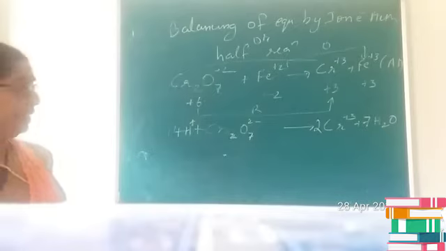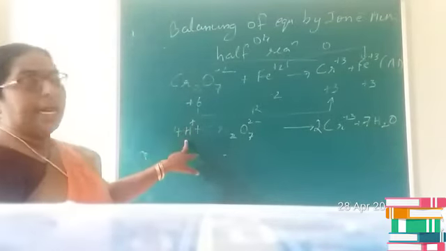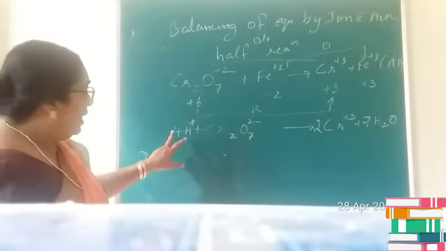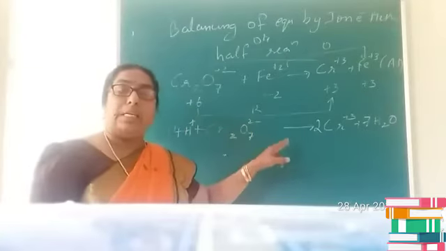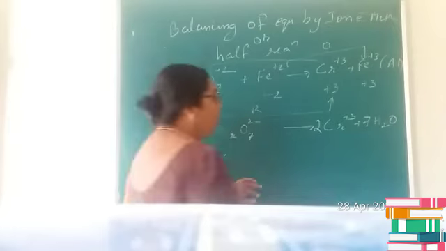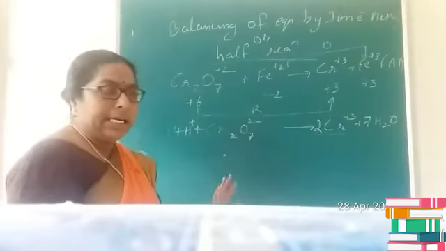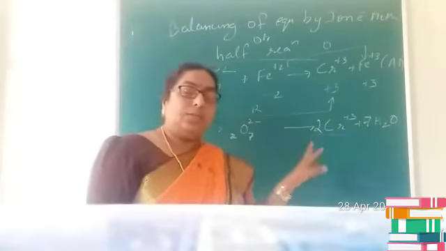Now you are supposed to balance charge. Just see here, in this case one hydrogen ion carries one positive charge. So there are 14 hydrogen ions, so 14 positive, 2 negative, so the net charge is equal to plus 12 on the reactant side. And on the product side you can see that the net charge is equal to plus 6. Children, in order to balance charges we can use electrons.